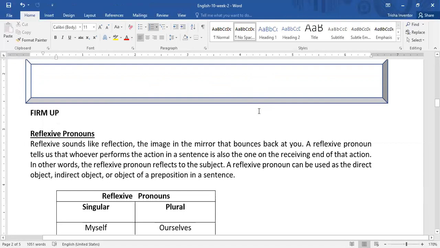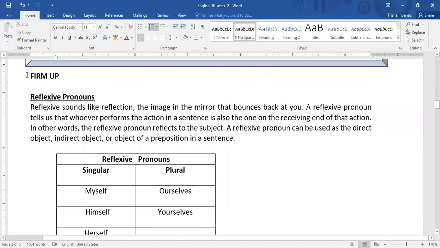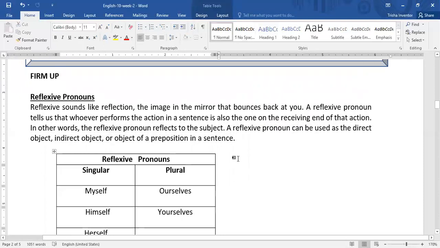So that's it. Okay, now let's move on to the firm up, which is our discussion for this module. So in here, we are going to talk about reflexive and intensive pronouns. So let's start with reflexive pronouns. In summary to this definition that we have given you here, reflexive pronouns are used to refer back to the subject.